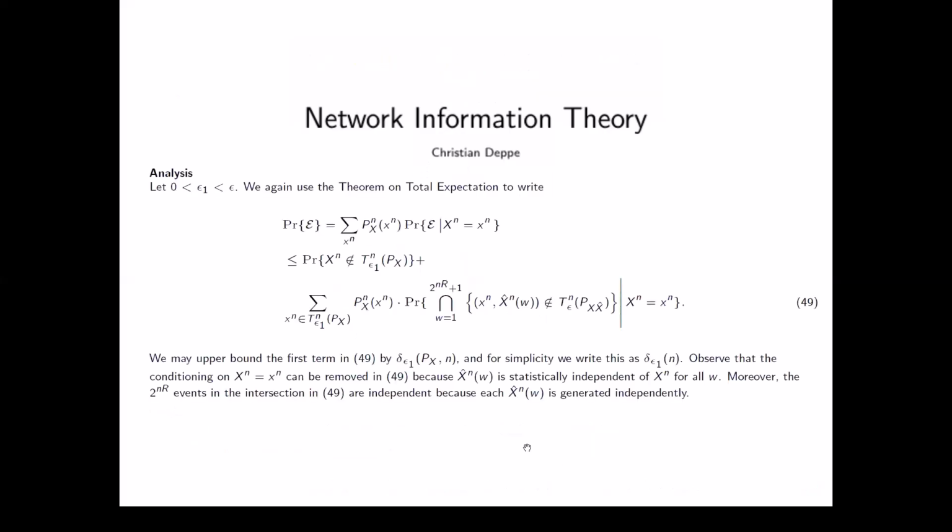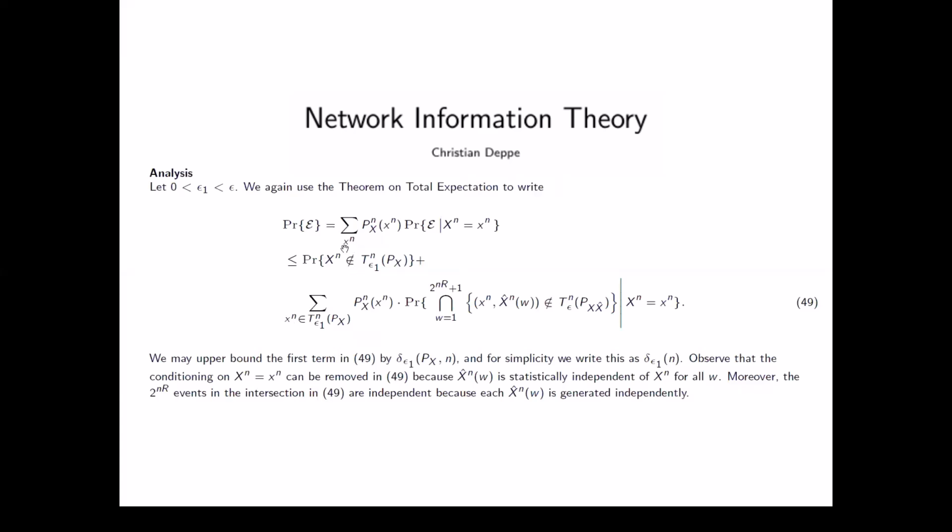Let's start with the probability of the error event. Here again, we use the theorem of total expectation. We sum over all x n and take the probability of x n times the probability of the error event under the condition that X n is equal to x n. Then we split the sum into two sums. In the first part we sum over all x n which are not typical, and in the second part we sum over all x n which are typical.